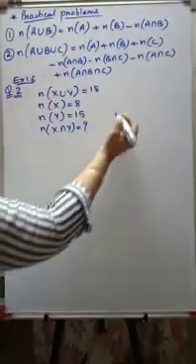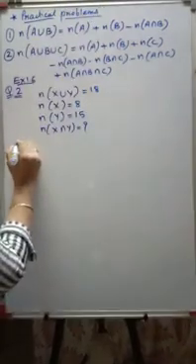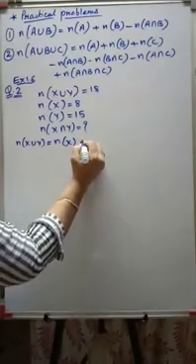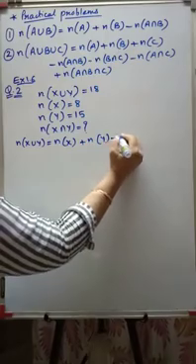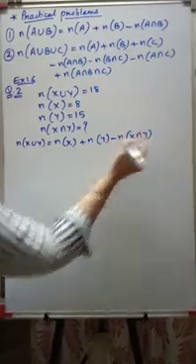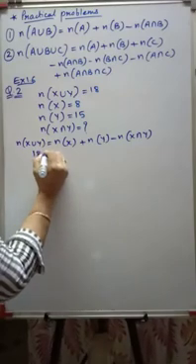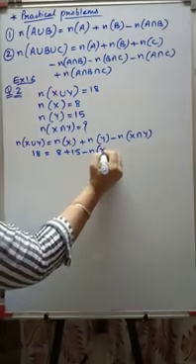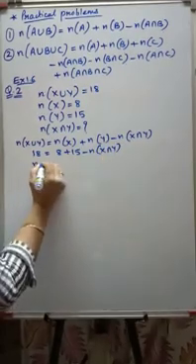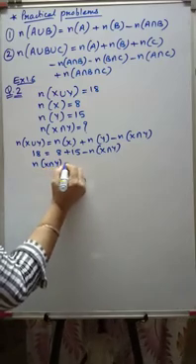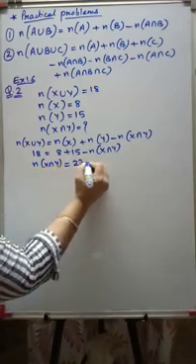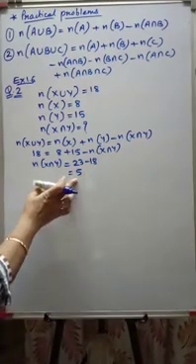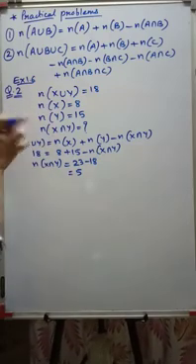So to solve this, I'll use the first formula: n of X union Y is equal to n of X plus n of Y minus n of X intersection Y. X union Y is given as 18, so 18 is equal to 8 plus 15 minus n of X intersection Y. So n of X intersection Y is equal to 8 plus 15, which is 23, minus 18, which is 5. So there are 5 people who have taken both X and Y.